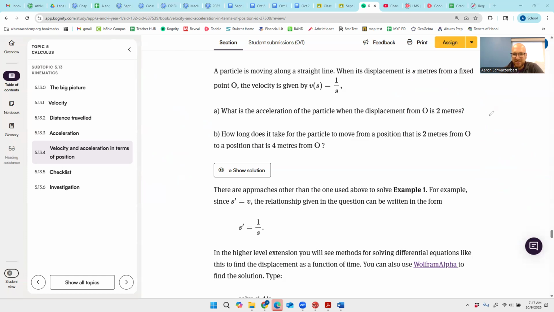You do this as if it were a related rate problem. So I've got v of s equals 1 over s, or s to the negative first.